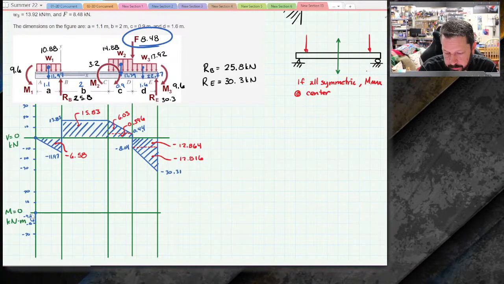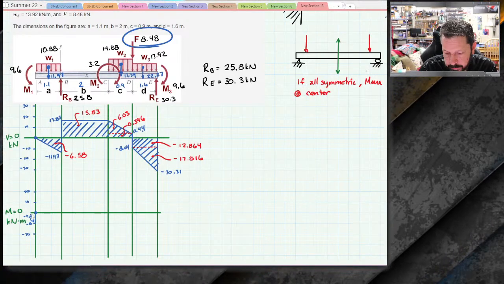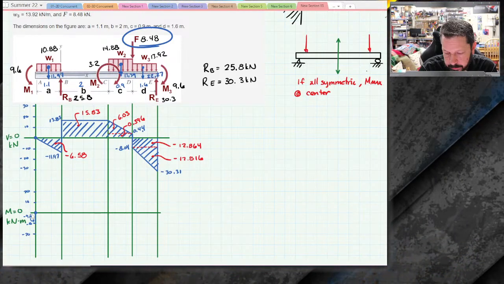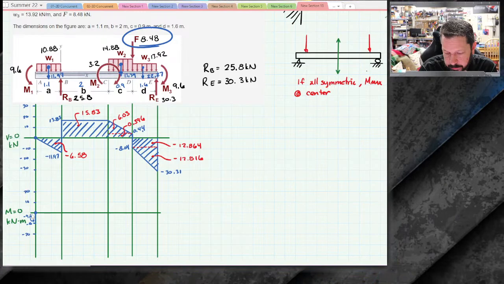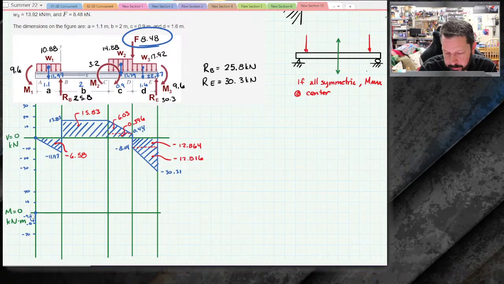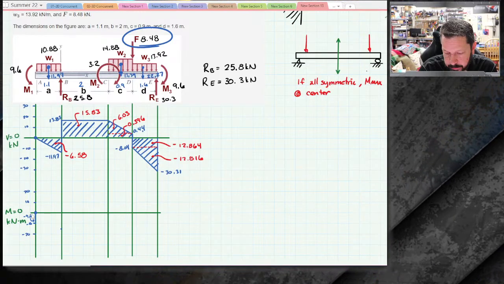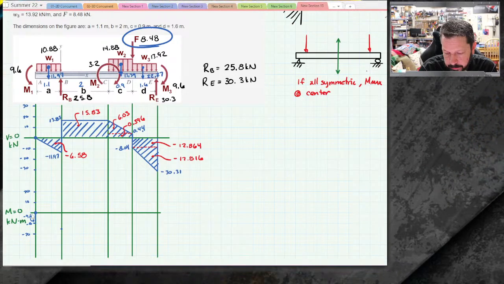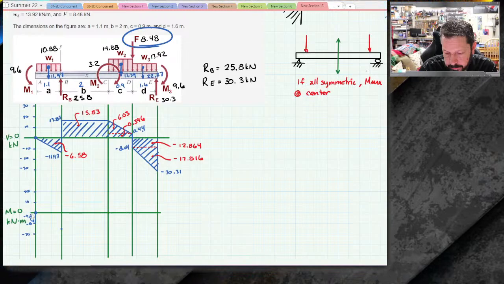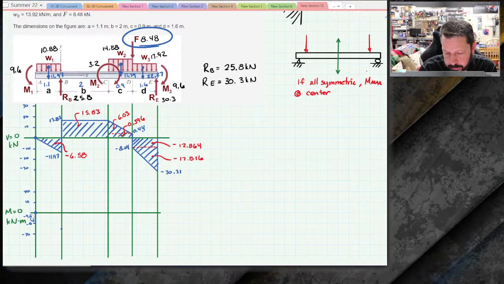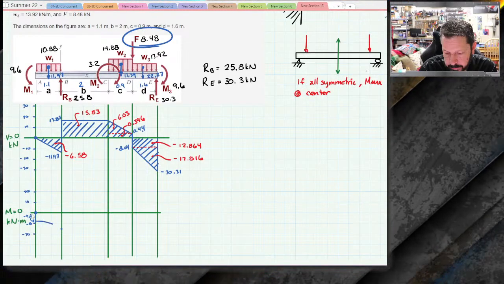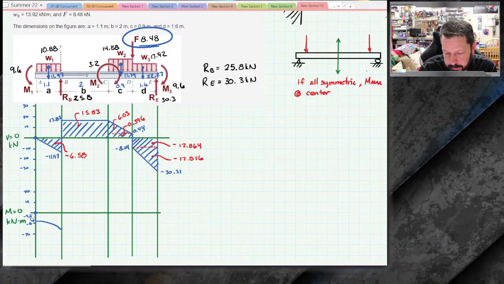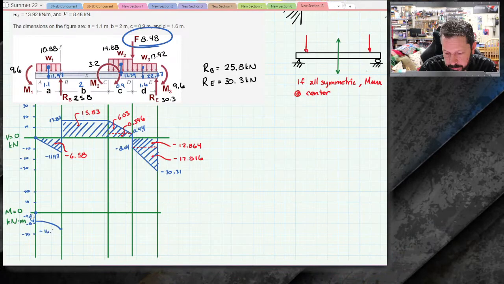Negative 9.6 minus another 6.58, we go down to negative 16.18. So we go down here somewhere. And it starts at 0, the shear does. So that means the initial slope of our moment diagram is 0, which is horizontal. And then it curves more and more negative, something like that. And this number is negative 16.18.